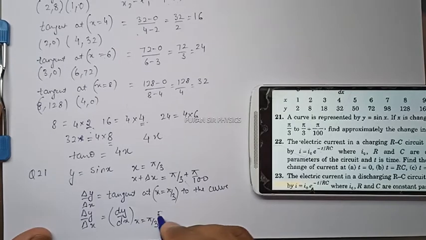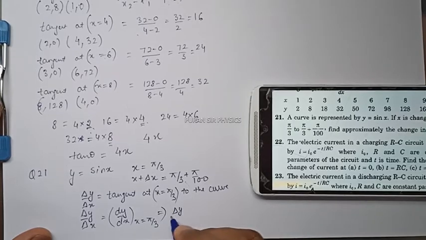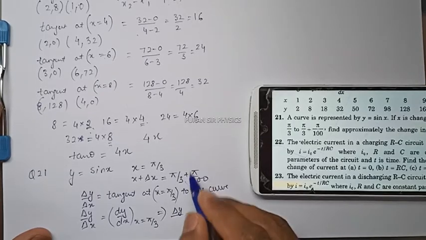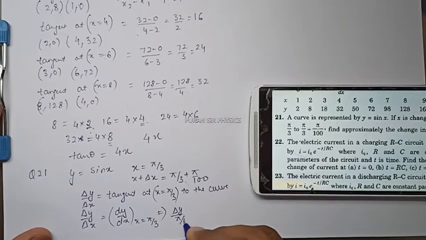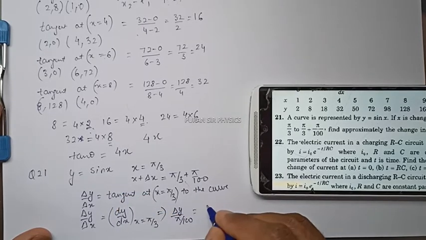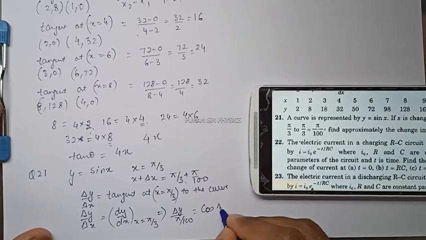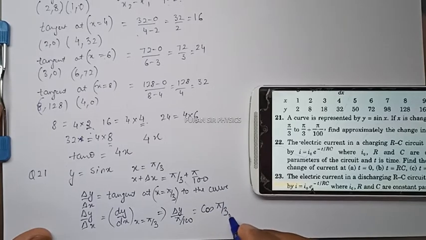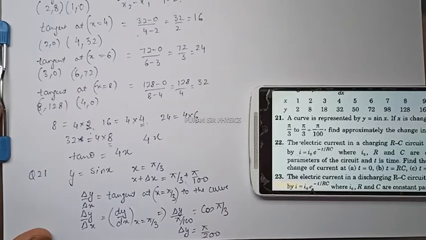So from here we can calculate, delta x is pi by 100, and the dy by dx of this will be cos x, so it will be cos pi by 3, and cos pi by 3 is 1 by 2. So from here we can say delta y is pi by 200. So this is the answer of question number 21.